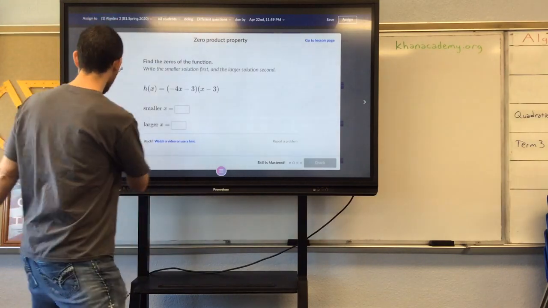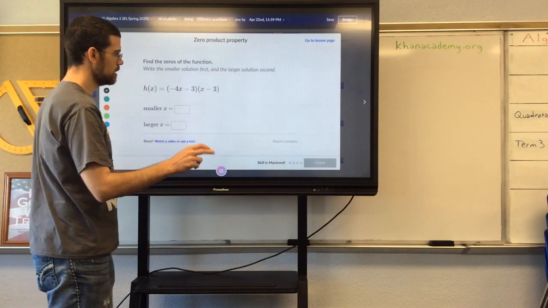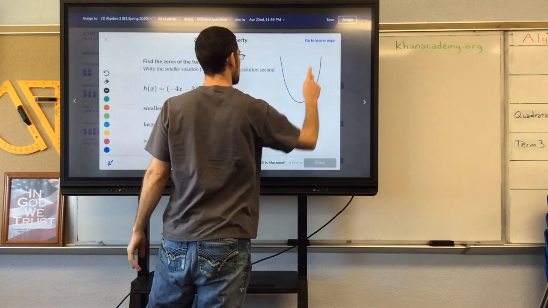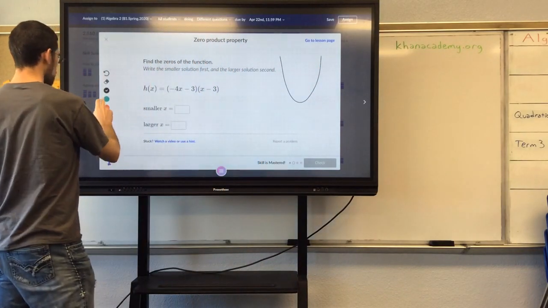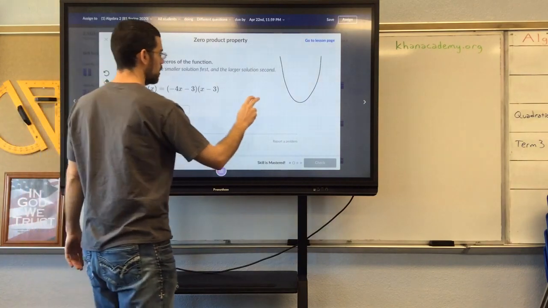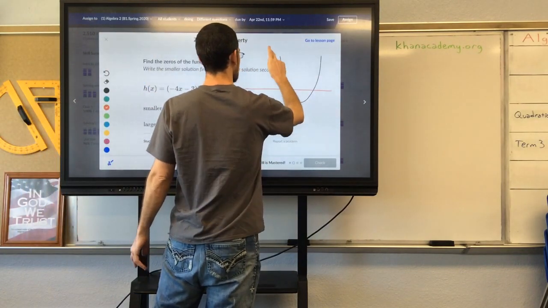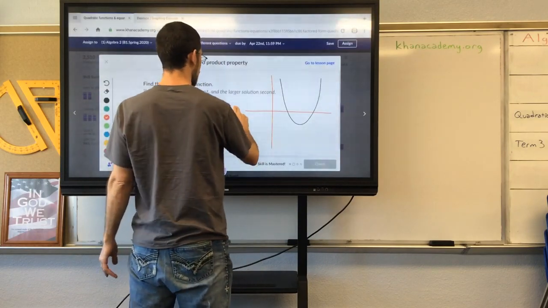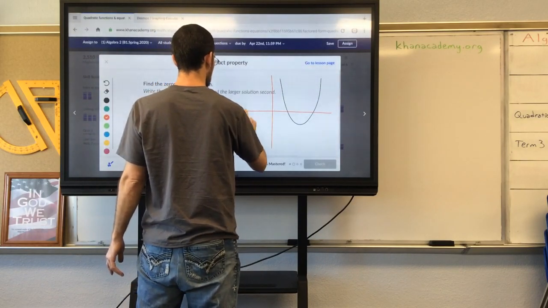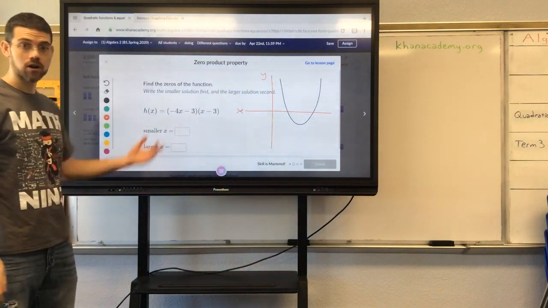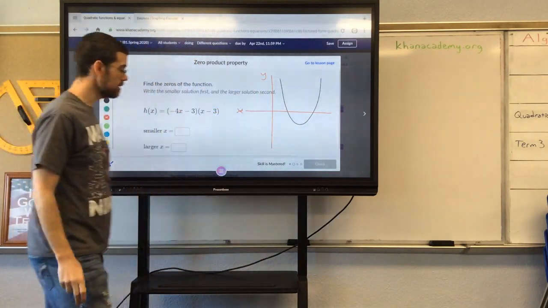So, if you'll recall, we see that parabolas, such as this one, could cross the x-axis in two places. So if here's my x and y axis, then that black parabola crosses in two places.